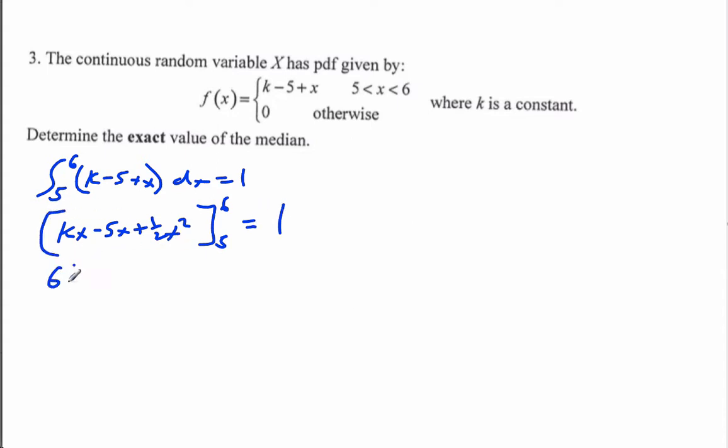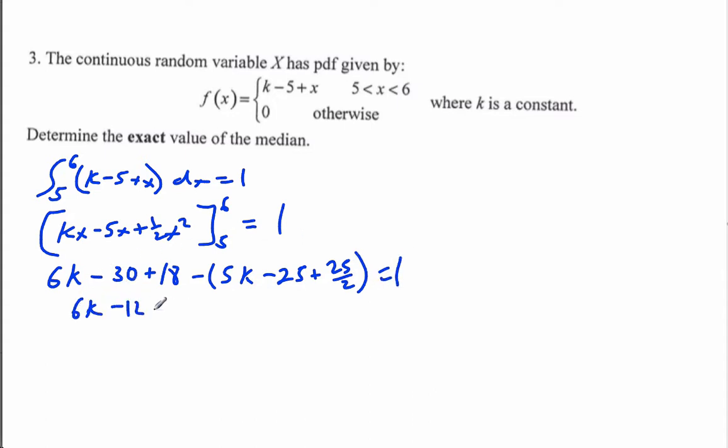And substitute that in, we get 6k minus 30 plus 18 minus 5k minus 25 plus 25 over 2 equals 1. And start simplifying, we get 6k minus 12 minus 5k plus 25 minus 25 over 2 equals 1.